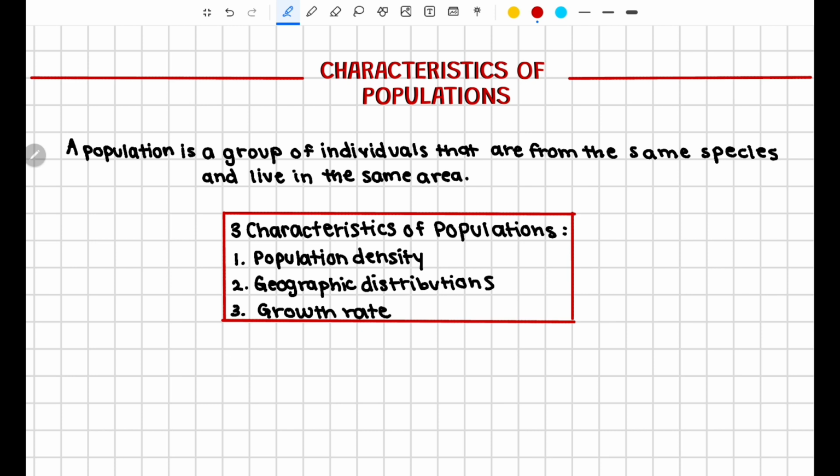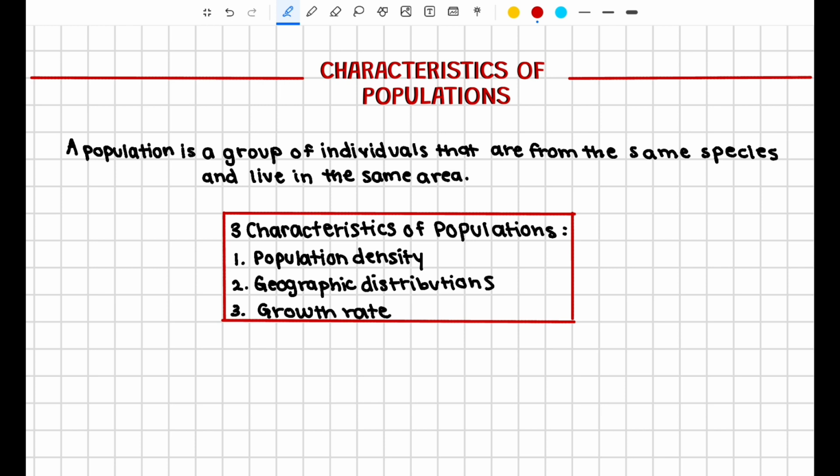Our 3 characteristics are: number 1, population density; number 2, geographic distributions; and number 3, the population growth rate. The 4th characteristic that we are going to skip over for now is the population's age structure.